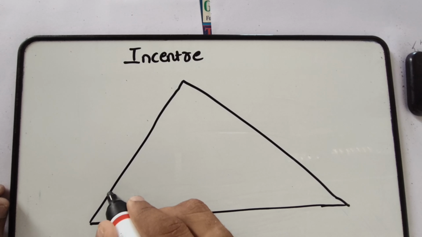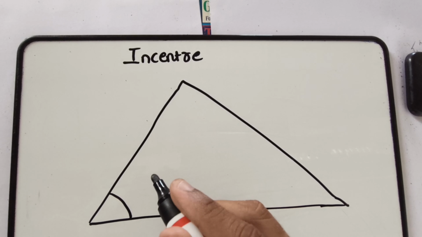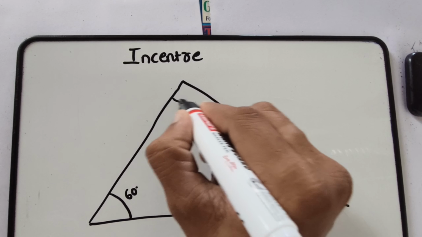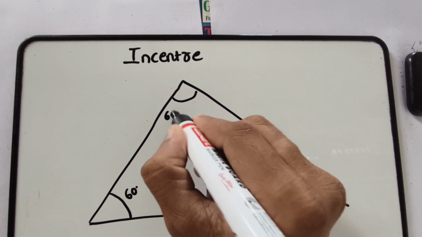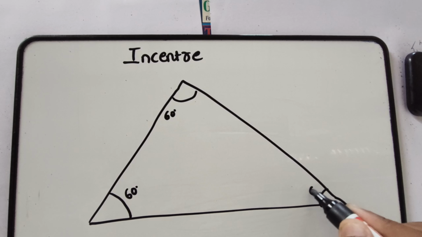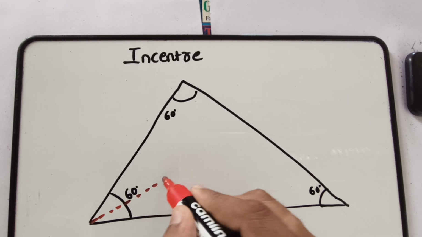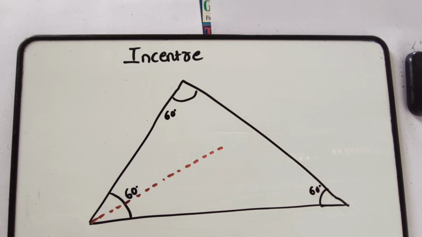Incenter. What is incenter? Let us study now. Suppose in a given triangle, it is an equilateral triangle, you imagine 60 degree. I'll bisect these angles. You know, bisecting the angle means making the angle into two equal parts, 30 degree each. I'll draw one angle bisector.